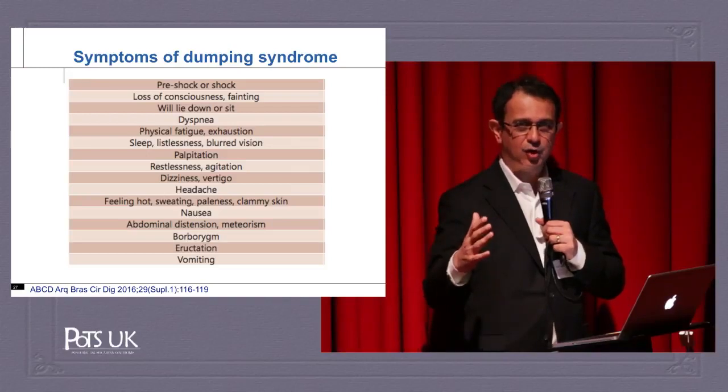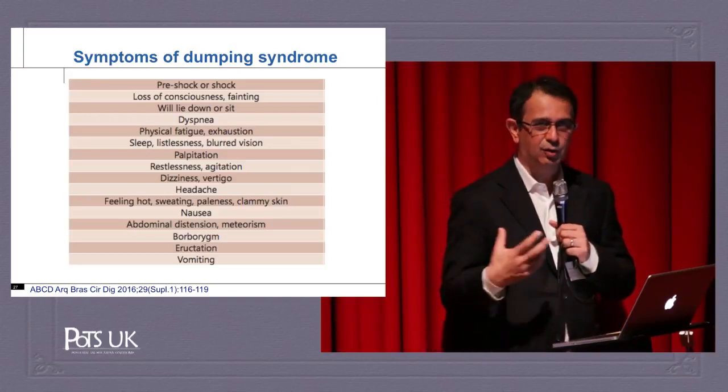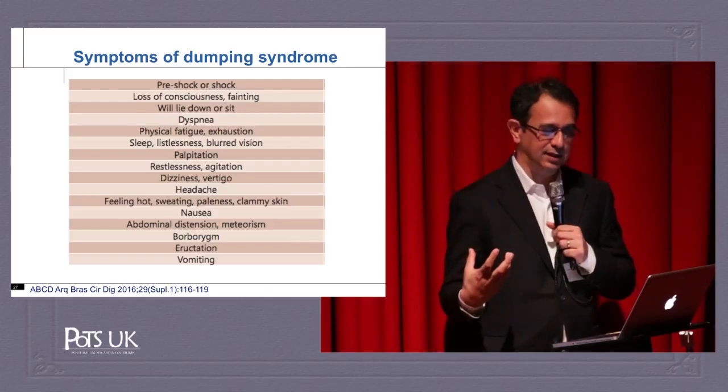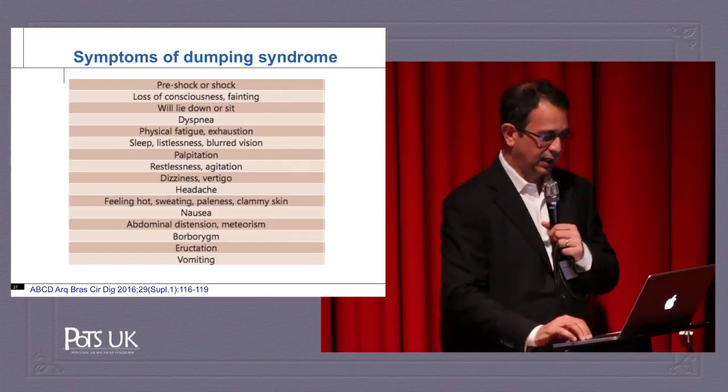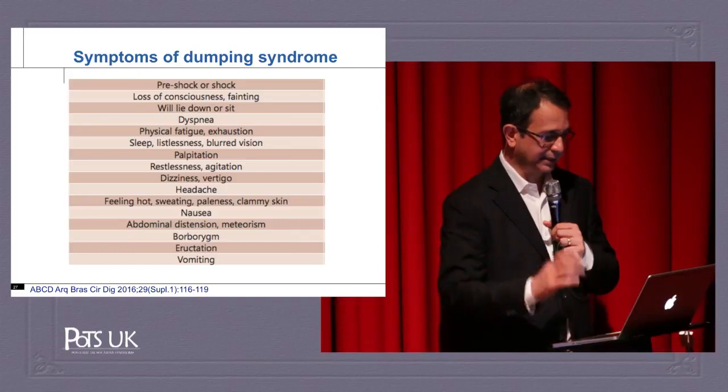If you don't know what's actually happening, you're going to get quite scared of eating, and that's exactly what happens in a lot of our patients. They don't really know what's hitting them.